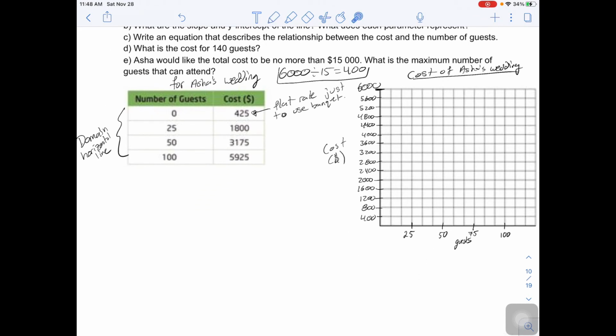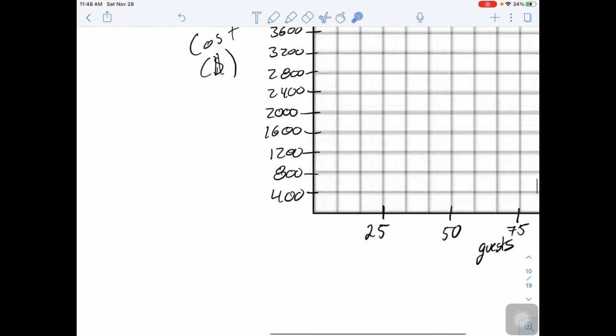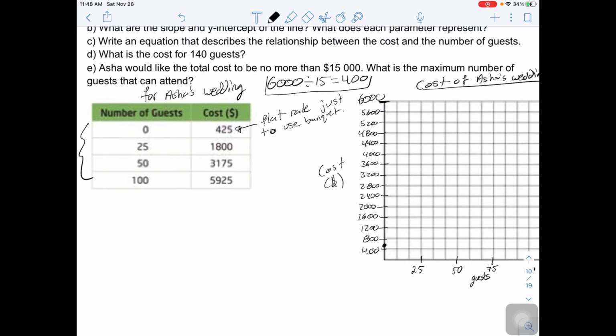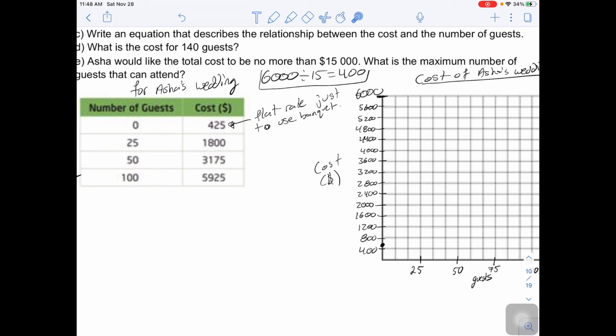So number of guests: when we have 0, it's costing 425. That is roughly right here, and that's your y-intercept. When you have 25 guests, it's costing you $1,800, so that will be right in between 1,600 and 2,000.